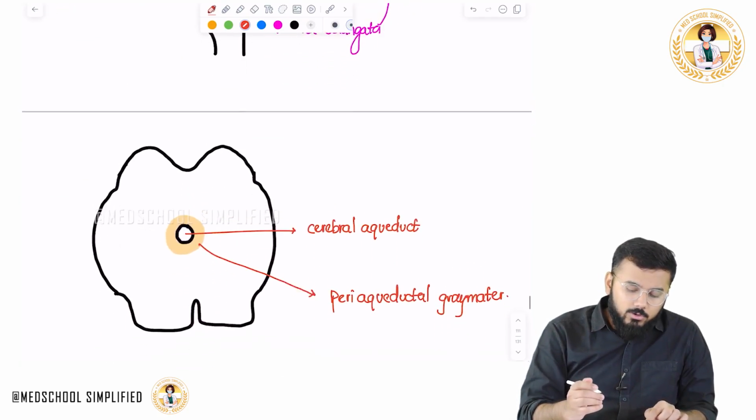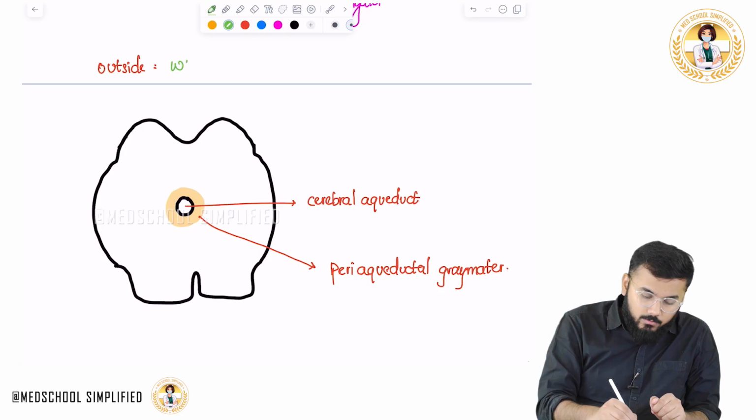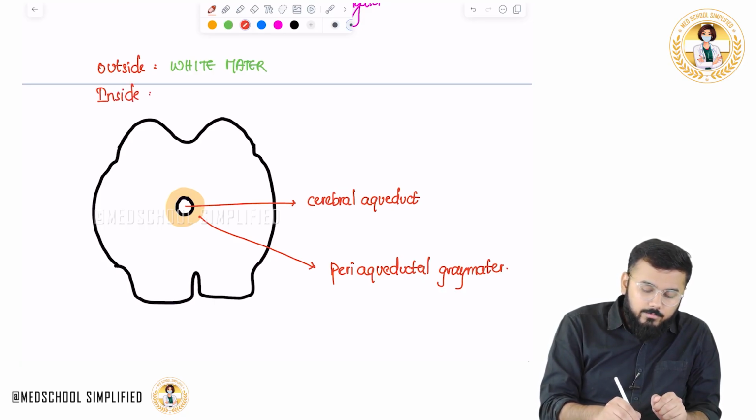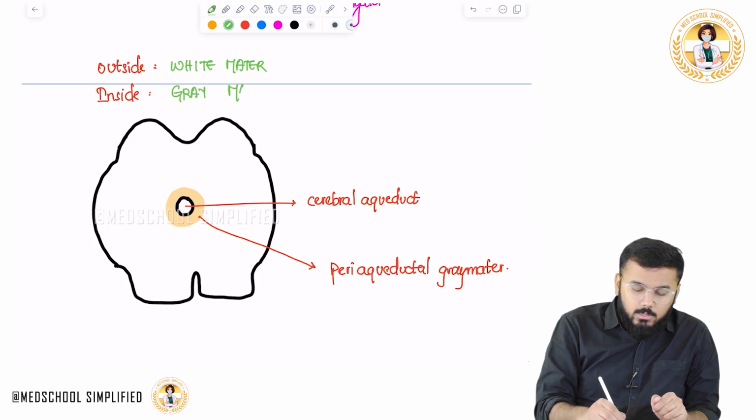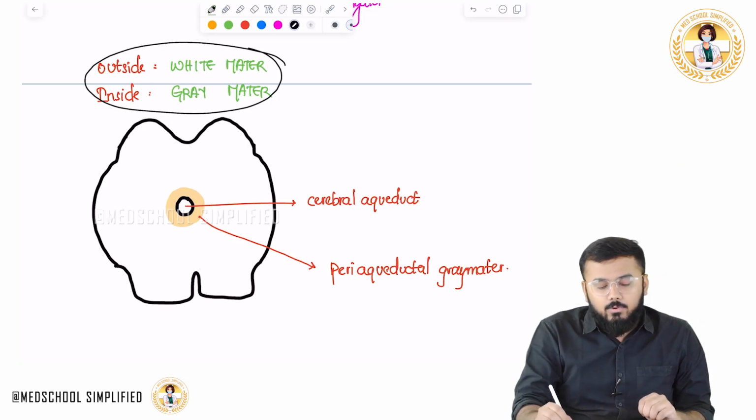So here what you need to know is that in the brainstem, outside you have got white matter and inside you have got the gray matter over here.